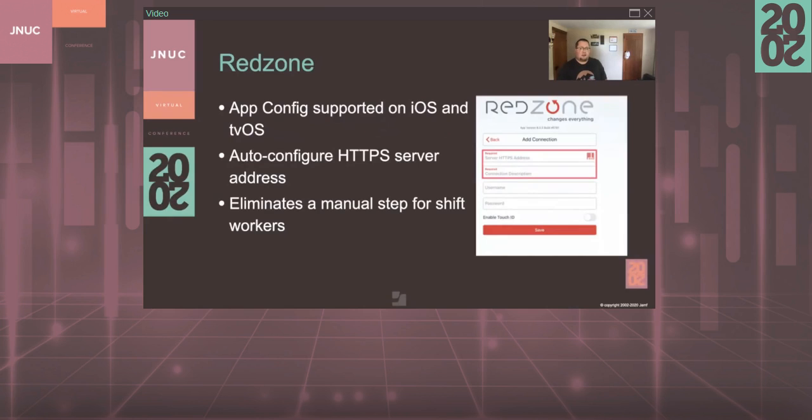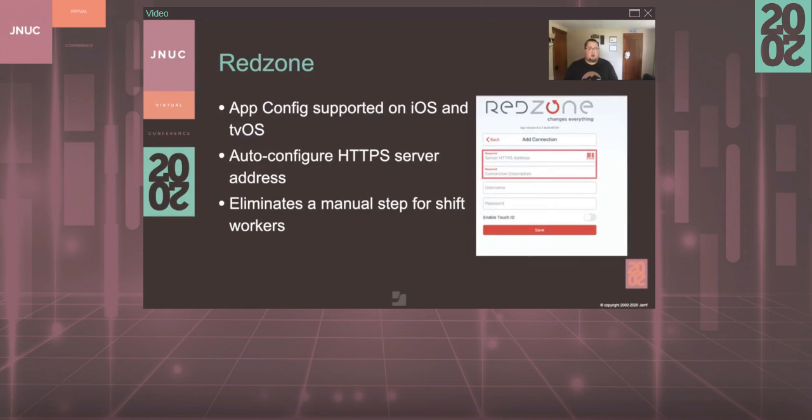If you're deploying Red Zone and Red Zone admin via an MDM such as Jamf Pro, you can make use of app configurations to auto-configure the apps with both the server HTTPS address and connection description fields outlined in red in the picture shown here. In this scenario, Managed App Config helps to streamline the onboarding process when an employee receives a new iOS device or at the beginning of their shift.